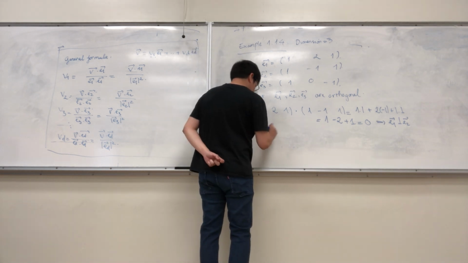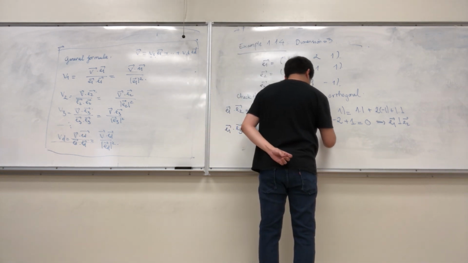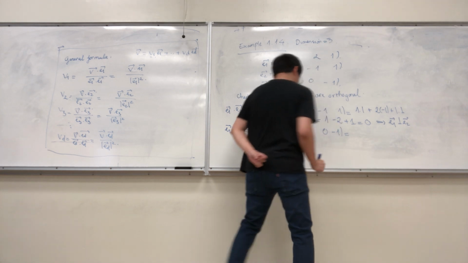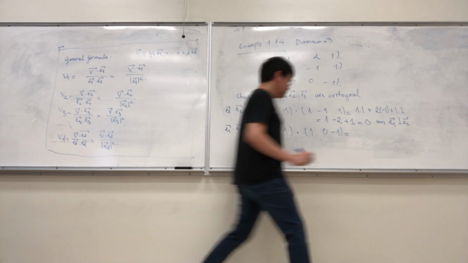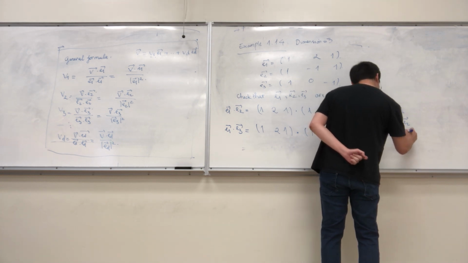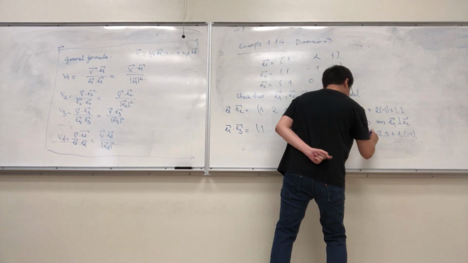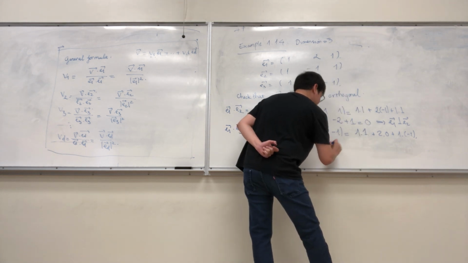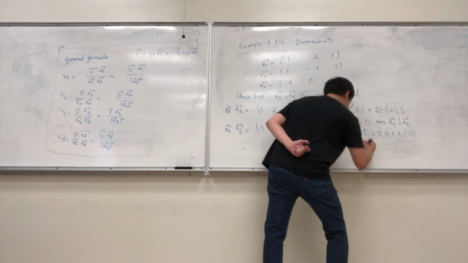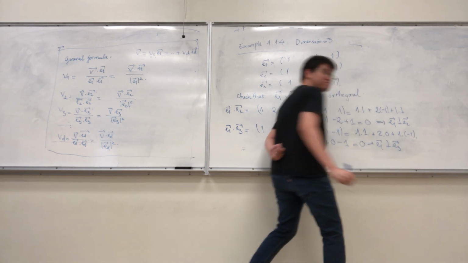So I have (1, 2, 1) times (1, 0, -1). This is 1 times 1 plus 2 times 0 plus 1 times -1. So I have 1 plus 0 minus 1, and this is 0. Which means that E1 is orthogonal to E3.